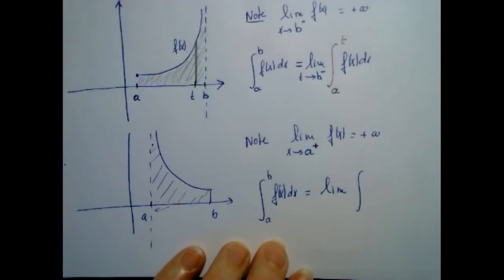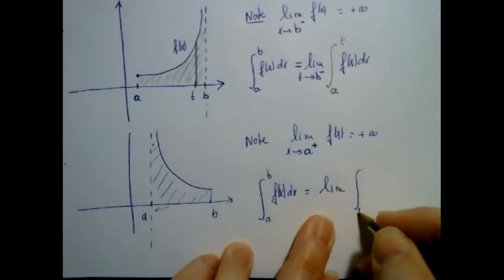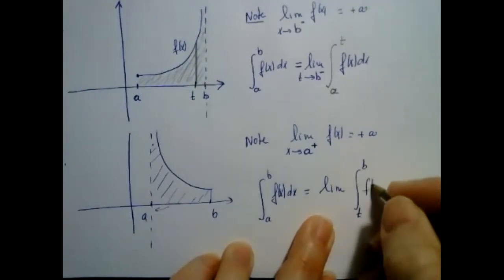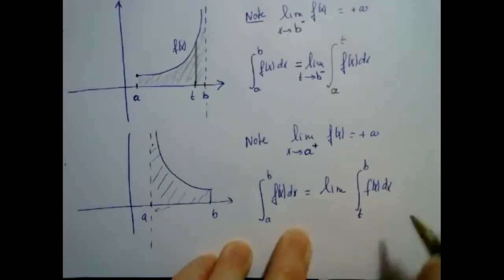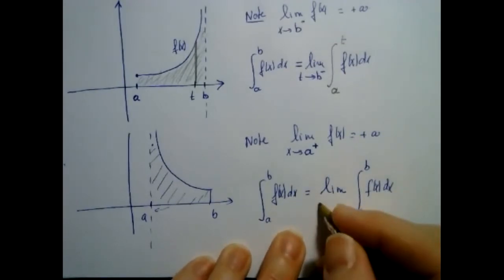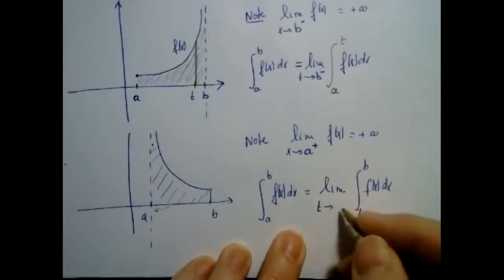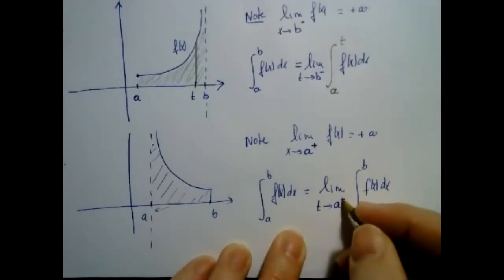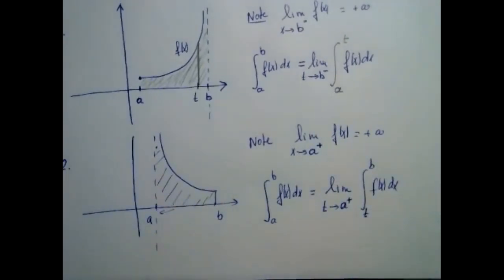You should have the picture in your mind. From t to b of f of x dx, and the limit of what? What do you want t to do? t approaches a from the right.